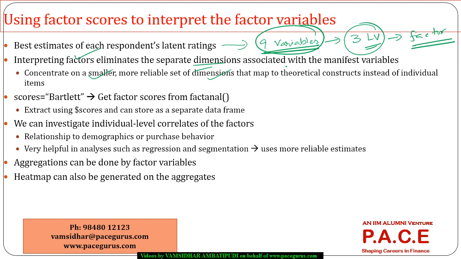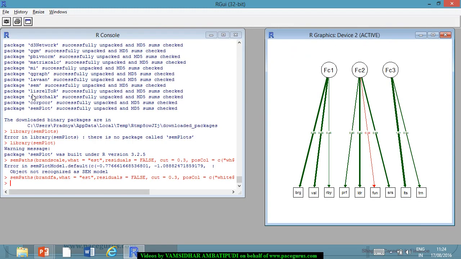If I really want the scores for each of the data, in my factor analysis function I can set scores equal to Bartlett, which will give the factor scores for each of the 1000 records. I'll get the factor scores for each of the 3 factors. I can save them to a separate data, and if required I can analyze on them. Probably I'll call it brand scores.